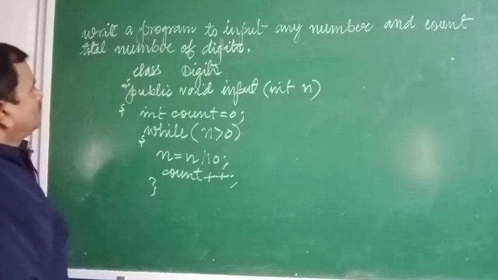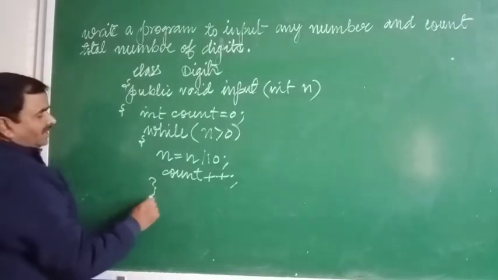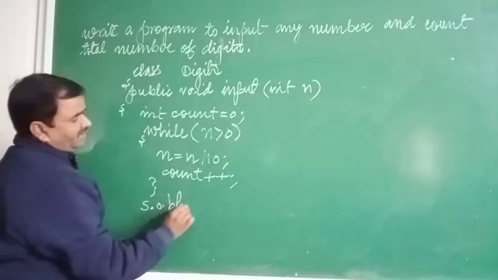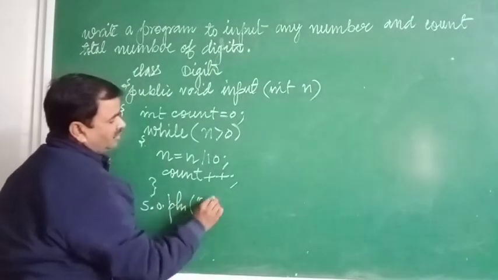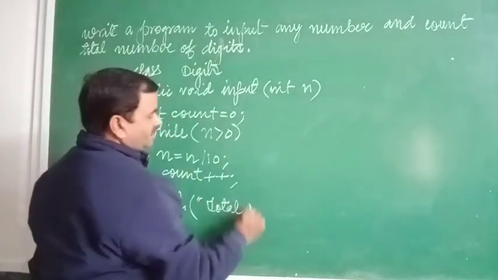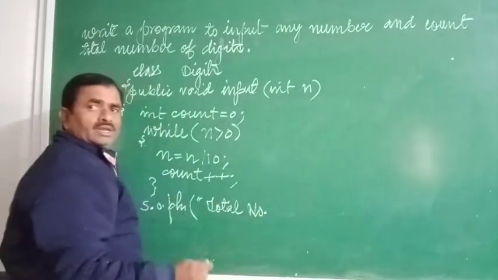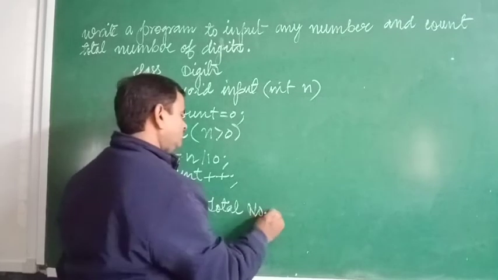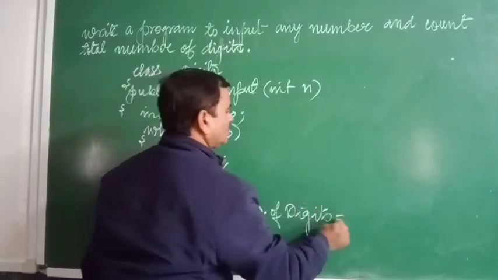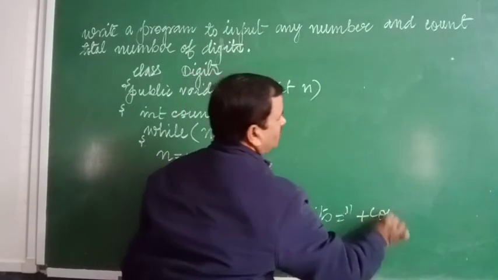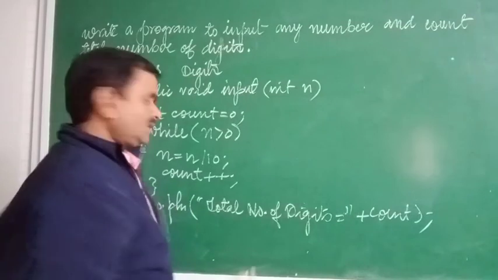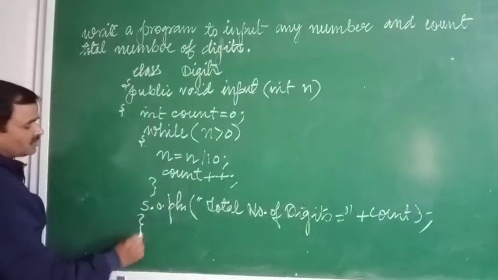Okay, so after that the next line will be system.out.println total number of digits equal to plus count, then method close and class close.